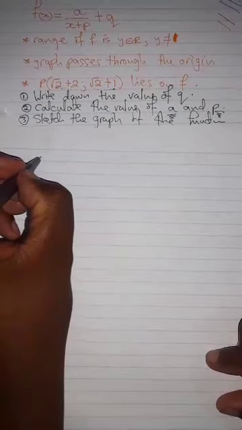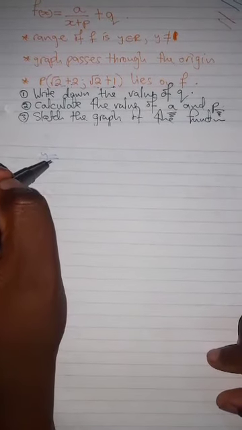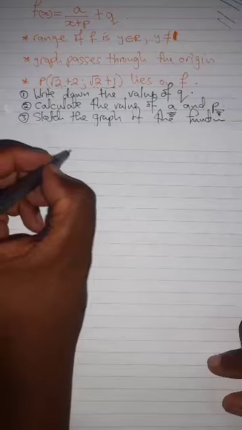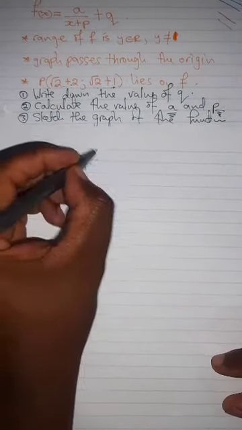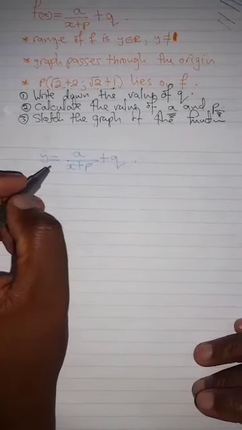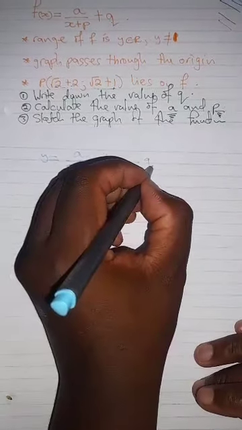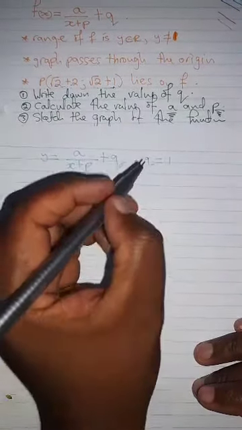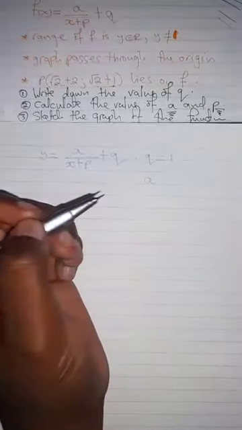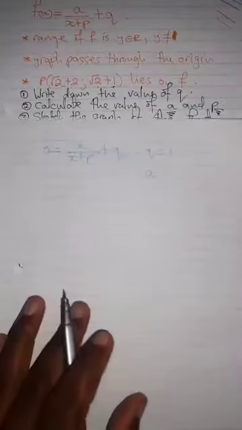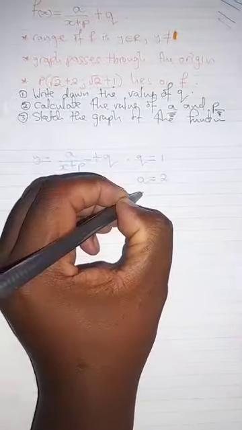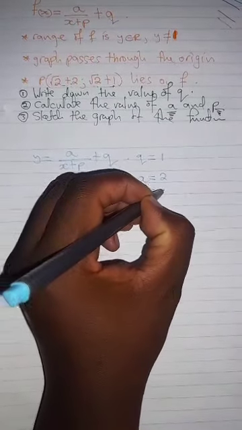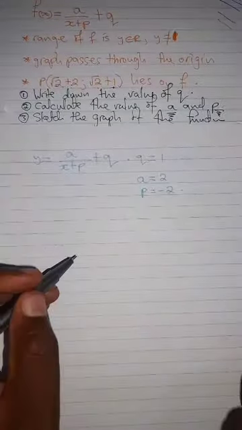Remember, the equation was saying y is equal to a over x plus p plus q, and we said q is equal to 1 and a is equal to 2 and p was equal to negative 2.